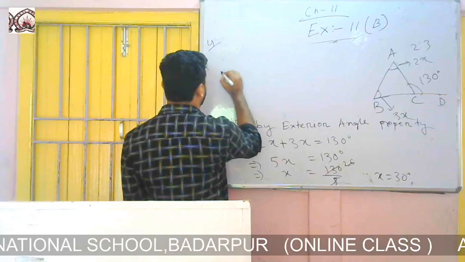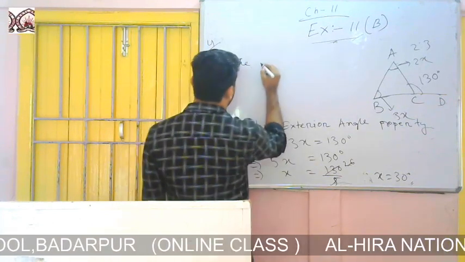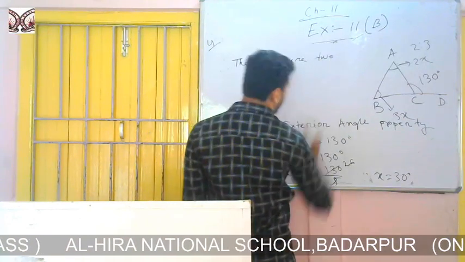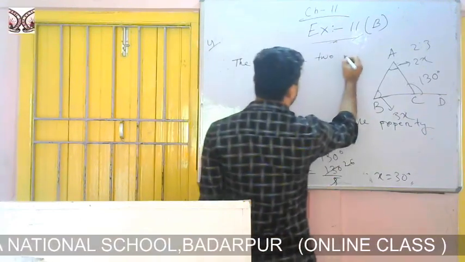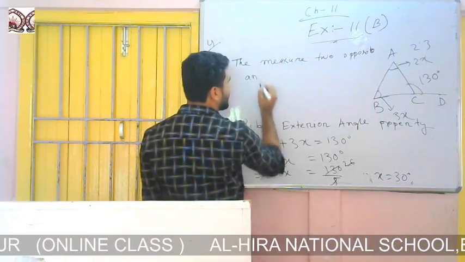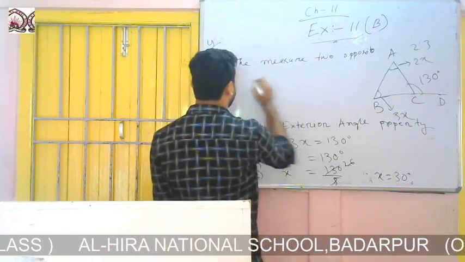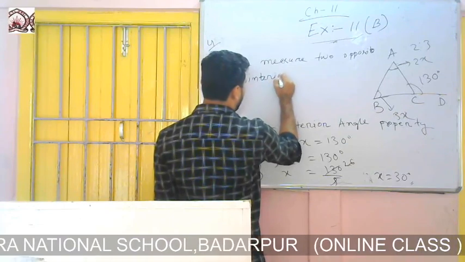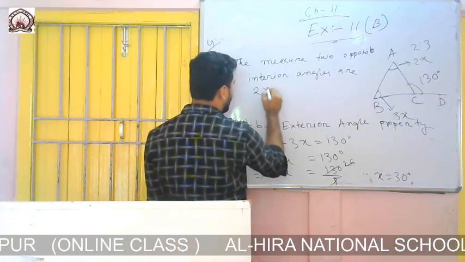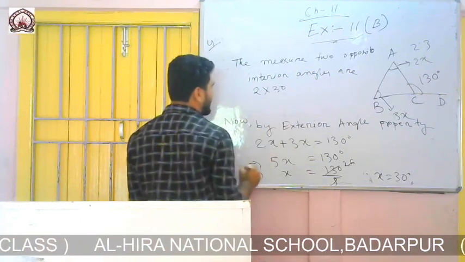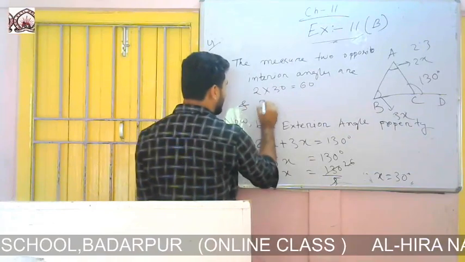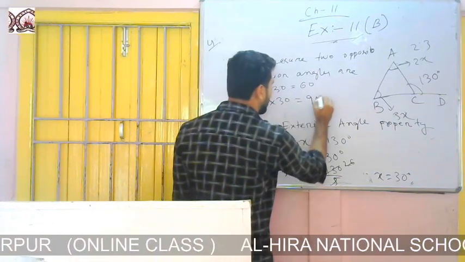So write, therefore the measure of the two opposite interior angles are 2 into 30 degree equals 60 degree, and 3 into 30 degree, that is 90 degree.